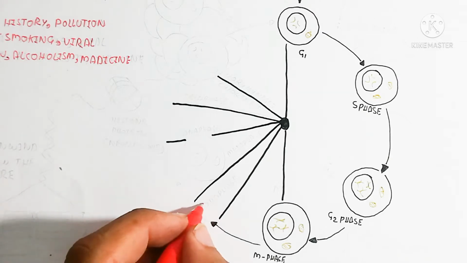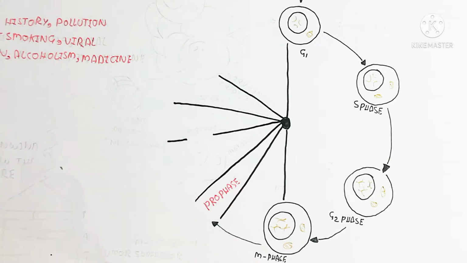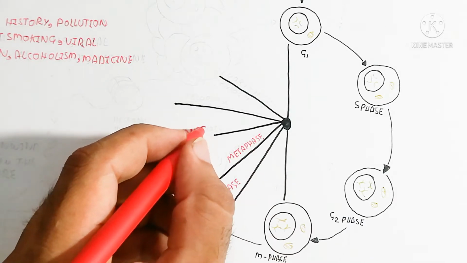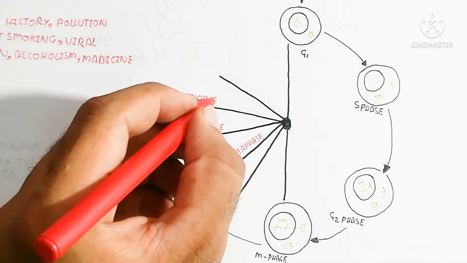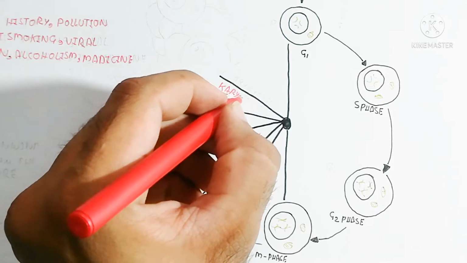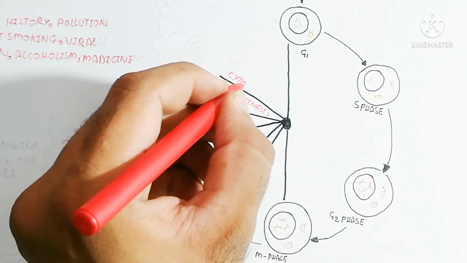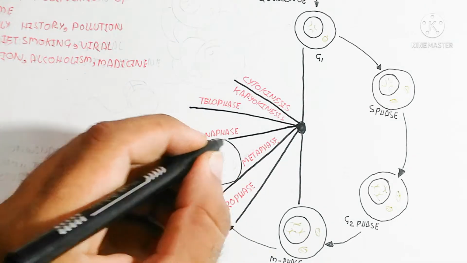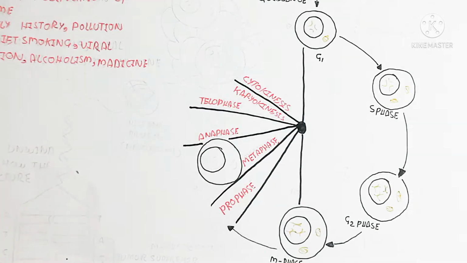After this comes the M phase, the mitotic phase. Before going into the M phase there is a checkpoint known as the M checkpoint, which checks entry into the mitotic phase. The mitotic phase contains prophase, metaphase, anaphase, telophase, and karyokinesis, meaning nuclear division, and cytokinesis, meaning cytoplasmic division.